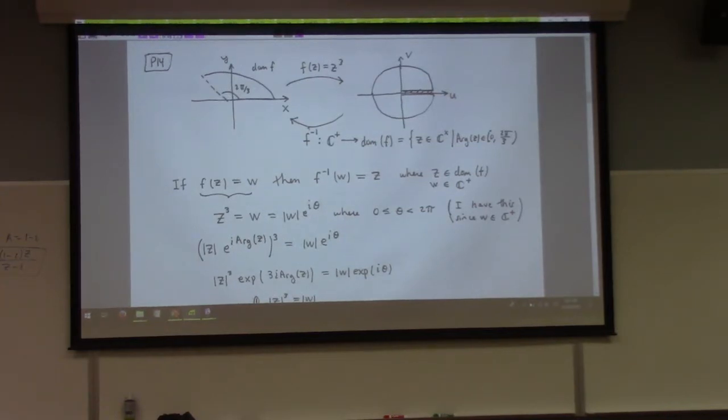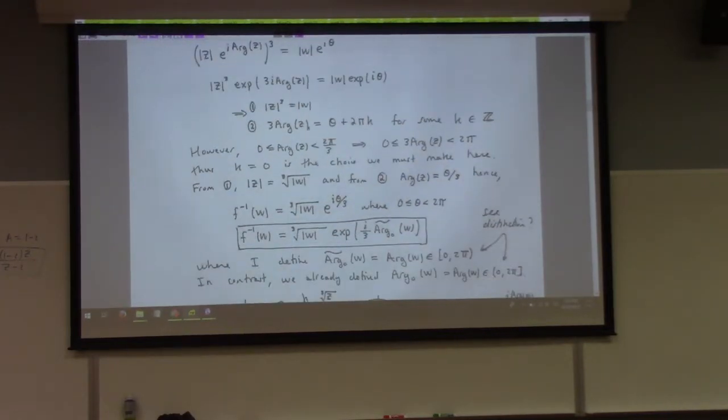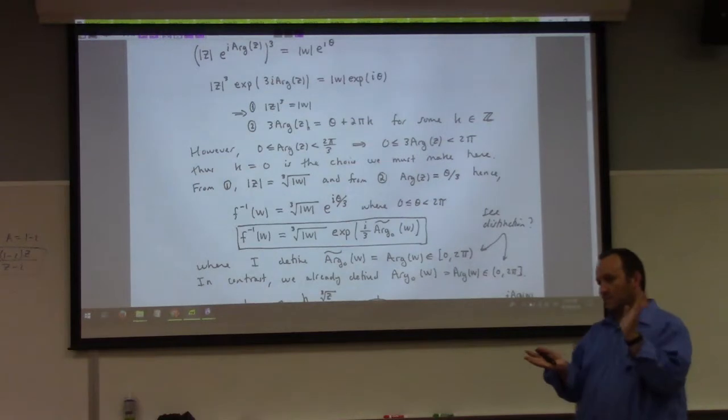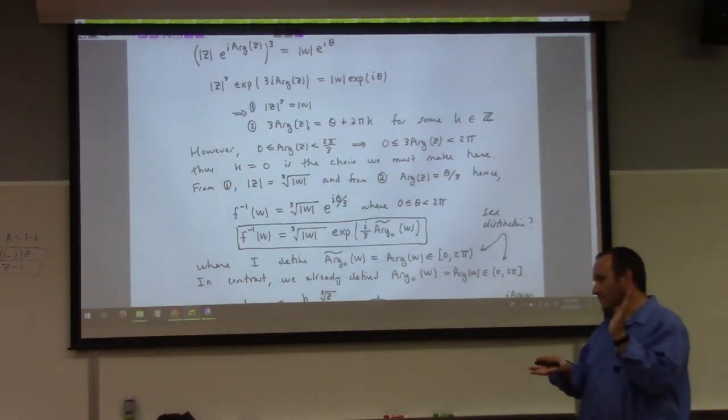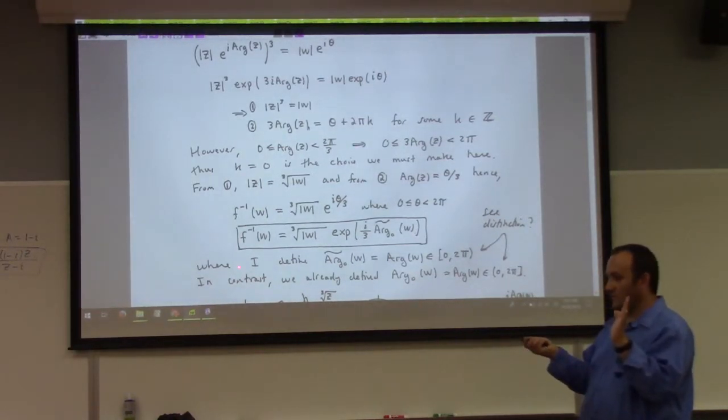And when we cube that, that gives us the positive slit complex plane, C+, right? And so the range of this half open sector, if you will, is the C+, right?